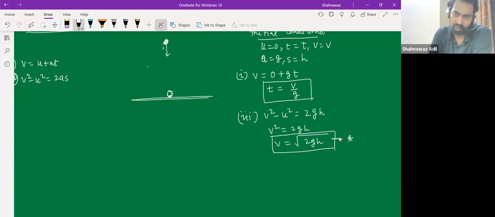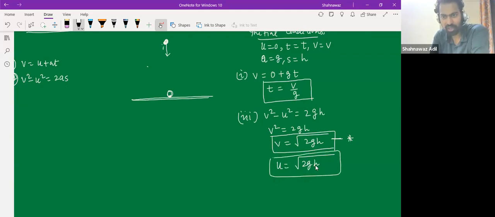So u is root 2gh and v is root 2gh. You know that this h is the same, right? So what can you say about this v and u? They are the same, yes.